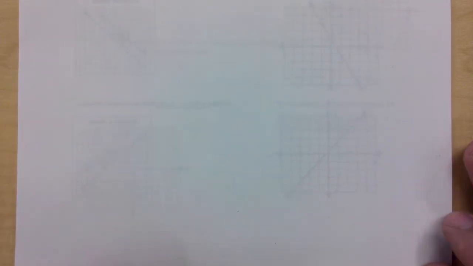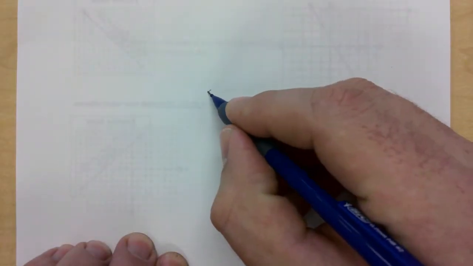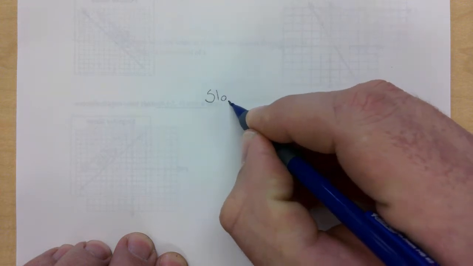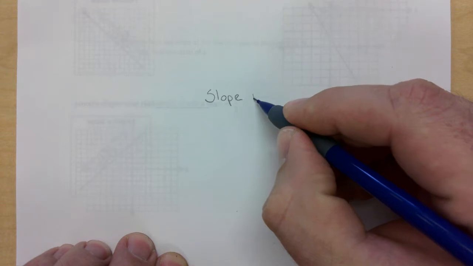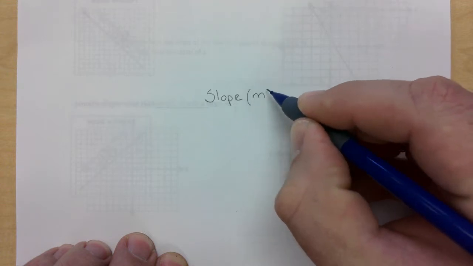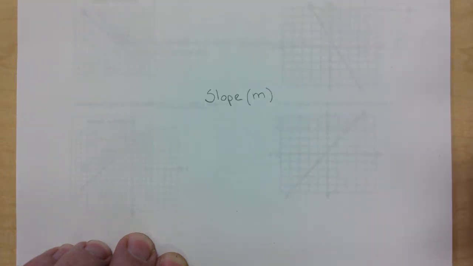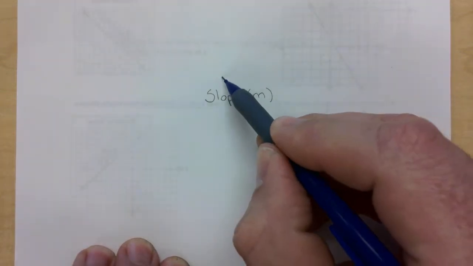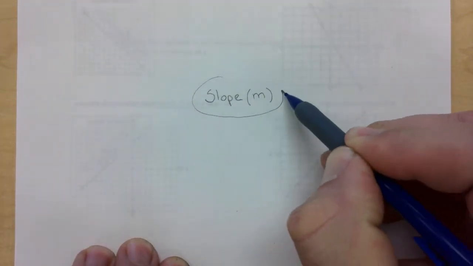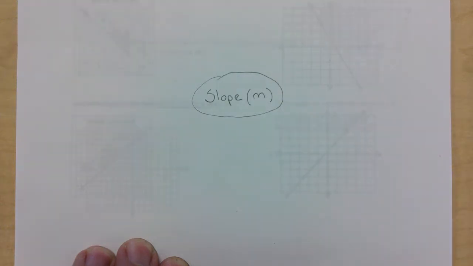So if you have this booklet, in the middle, slope is the word that you want to look for, and the letter we use is M. Slope is M. So that's like the central idea. Slope will allow us to find a lot of different things. It will allow us to find different points on the graph.